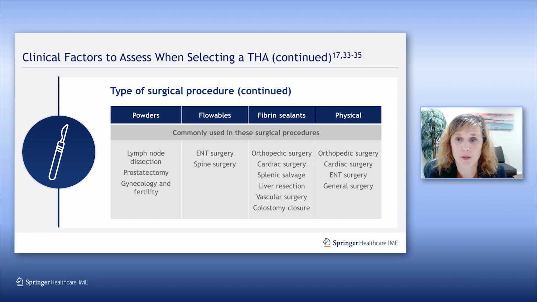Flowables have often been used in ENT surgery and spine surgery, and this is likely related to the ability to get into small cavities with these agents. Fibrin sealants have been used pretty broadly across orthopedic surgery, cardiac surgery, and for liver and colorectal surgery. And then physical agents similarly have been around for a very long time and used broadly through many types of surgeries.